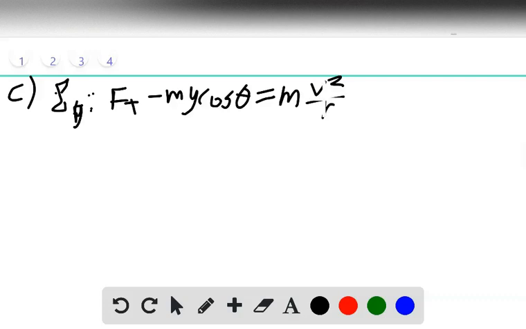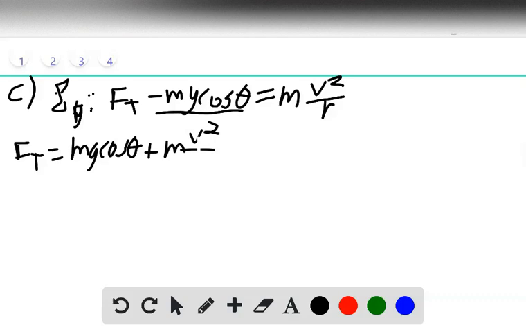We're solving for force of tension, so just add this term over to the other side. So F of t equals mg cosine theta plus m v squared over r. Looking at this equation, we can see that F of t is going to increase as v increases because it's in the numerator and it's squared.